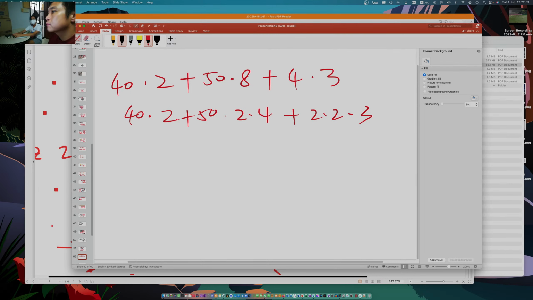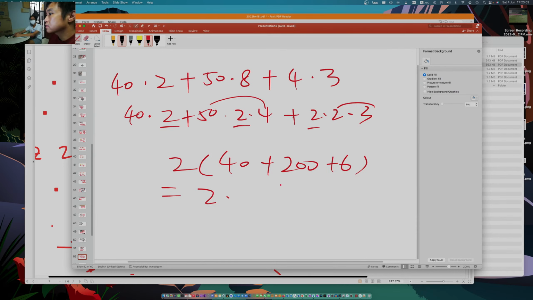So common 2, 40 plus 200, so something like this now is 2, 4, 6. Then after that you can do it quickly. So this is one application: how factorization can help you solve certain questions quickly.